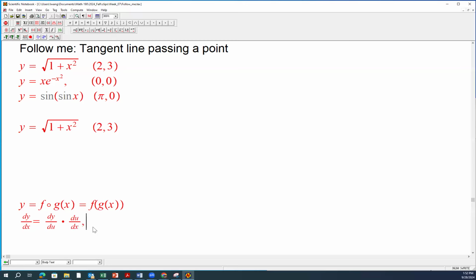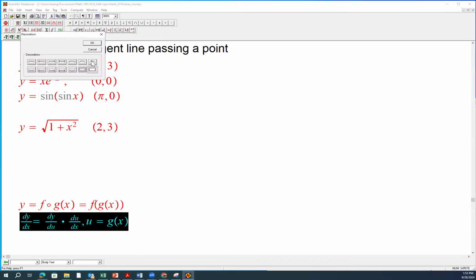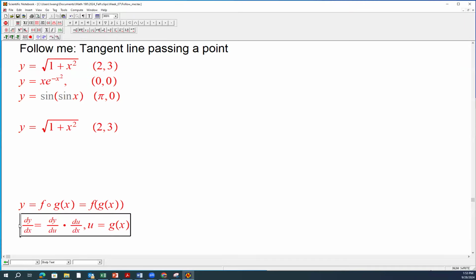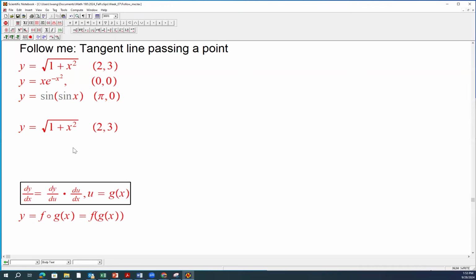So here, u is g of x. Simply put it that way. I like this version because it's very straightforward, so let's use this version. I boxed it, and I'm going to put it above.